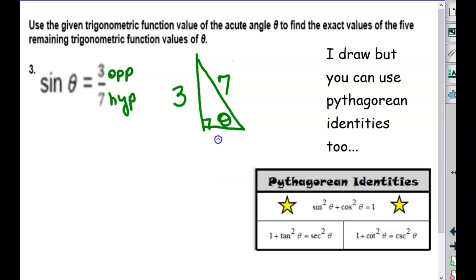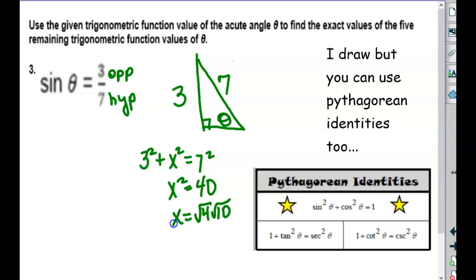Okay. How do I find this side? 3 squared plus some missing side leg is 7 squared. Isn't that 49 minus 9 is 40, guys? Square root of 4 times square root of 10. 2 square roots of 10, right?